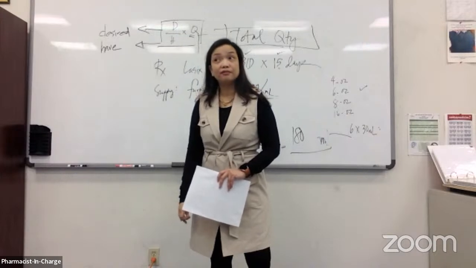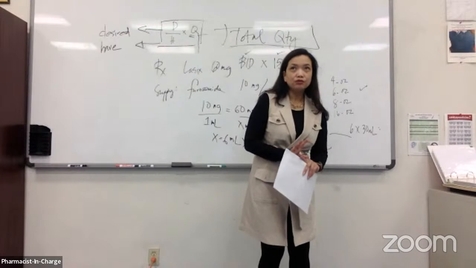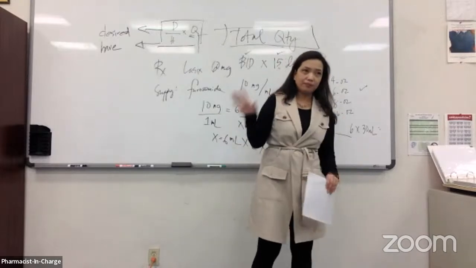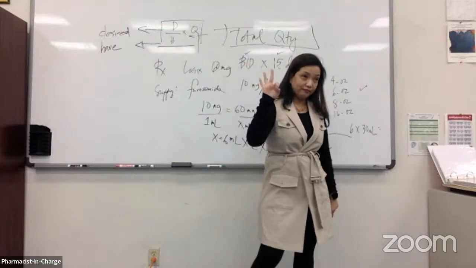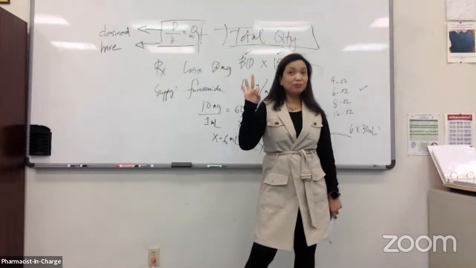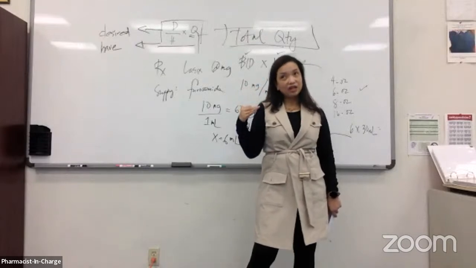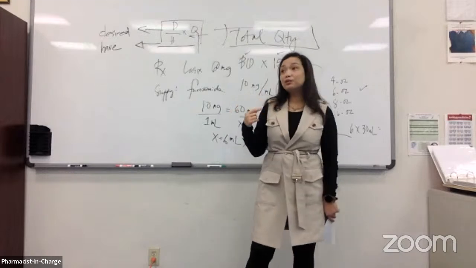Is that clear? Okay. For per dose, the maximum you should be giving a patient is 3 tablets. Why? When per dose becomes more than 3, then patients start not wanting to take them. Compliance will be an issue.